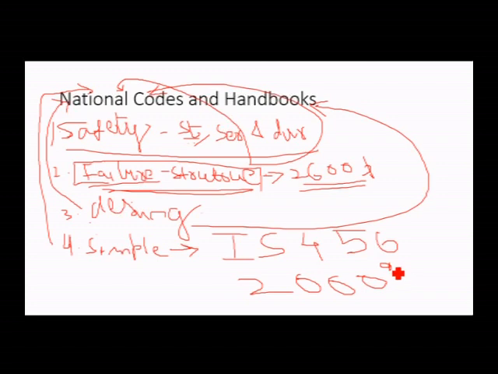The corresponding national codes of various countries are also there. For example, British standards are also available, American code is available, Standards Association of Australia is available, and Canadian Standards Association, Toronto.